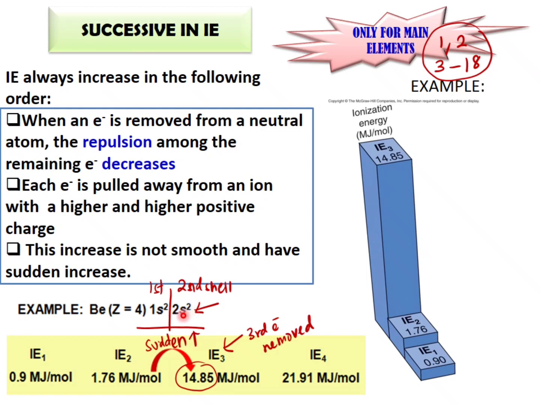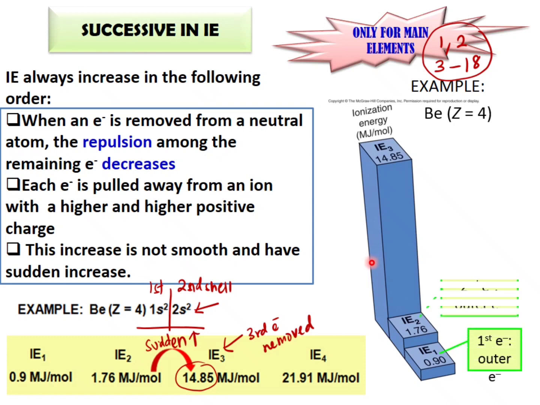But when the third electron is removed, it comes from the first shell, which is dekat dengan nukleus. So bila lagi dekat dengan nukleus, kita tahu kekuatan nukleus lagi kuat nak tarik elektron. So ini adalah elektron yang berada pada bahagian dalam. Okay, so that's why you need more energy nak buang elektron tu, sebab nukleus kuat sangat tarik elektron. So that's why berlakunya sudden increase.